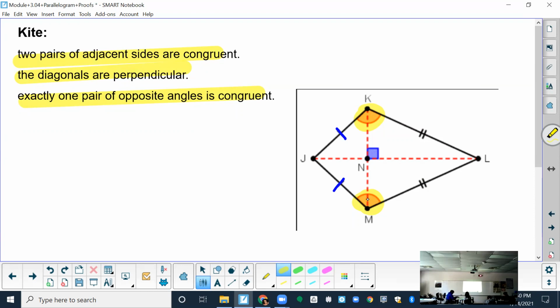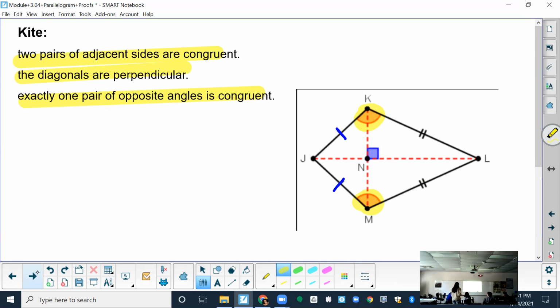Your assignment, which I think you can finish in these last 25 minutes, is the 3.04 worksheet that's back here. Basically, you are going through each item, so I would go through the letters, like both pairs of opposite sides are congruent and parallel, and put that letter A in each box that it fits in.